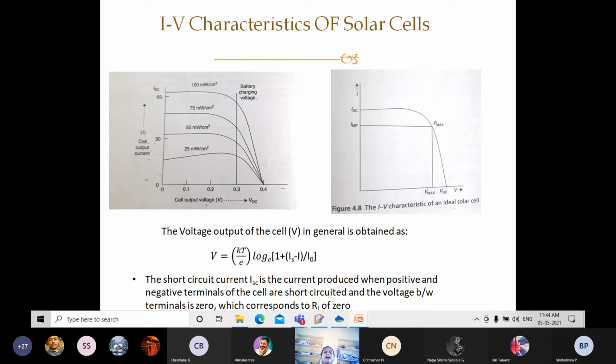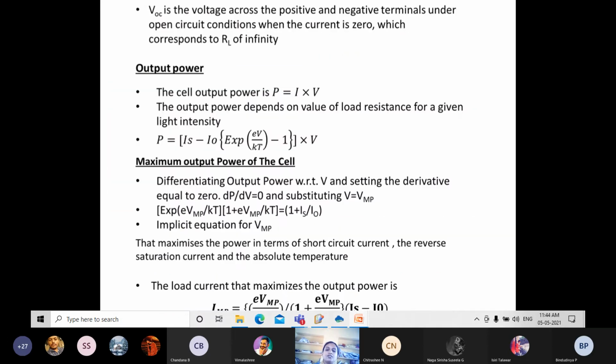Here the short circuit current ISC is the current produced when the positive and negative terminals of the cell are shorted. Remember, once again I repeat, the short circuit current is produced when the positive and negative terminals of the cell are shorted and the voltage between the terminals is zero, which corresponds to RL, that is resistance, being zero. Next is the open circuit voltage.